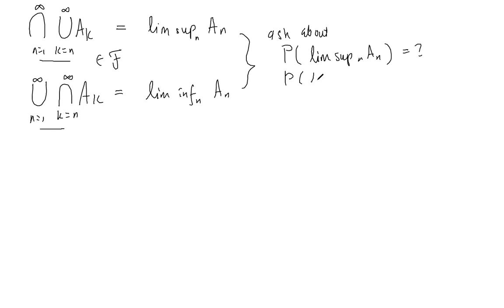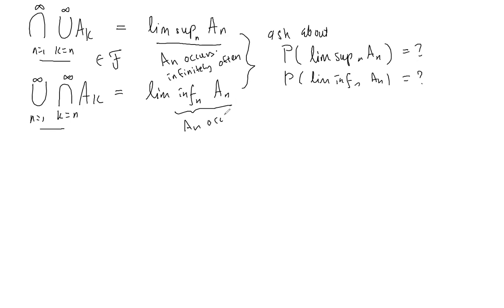And we can ask about this probability. This lim sup is what we call An occurs infinitely often, and this one is like An occurs only a finite number of times.